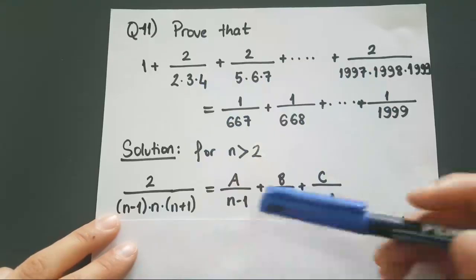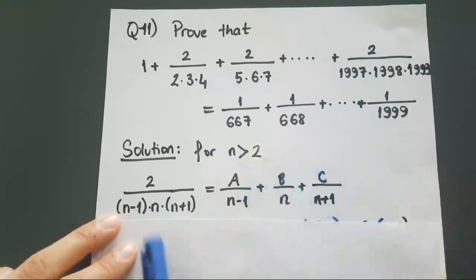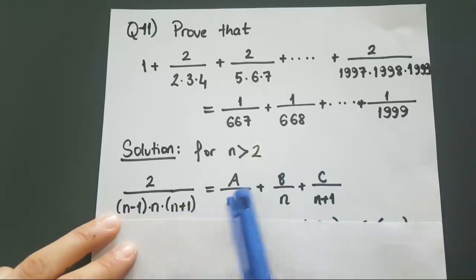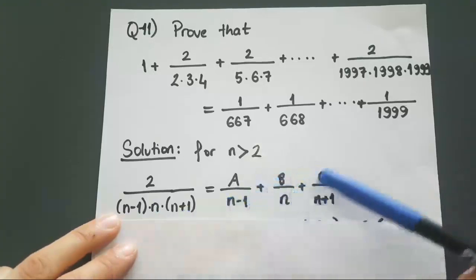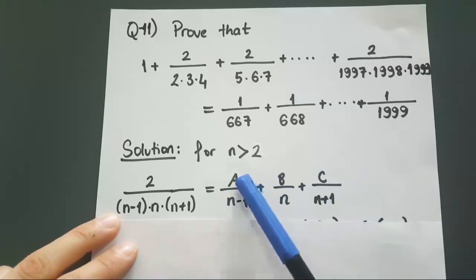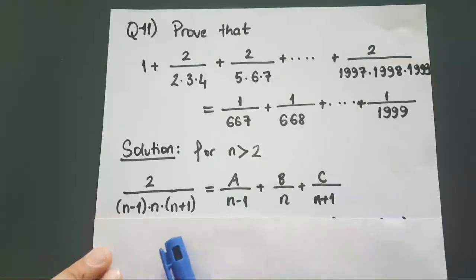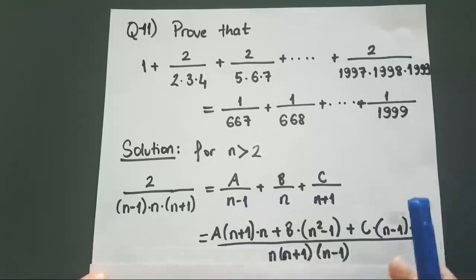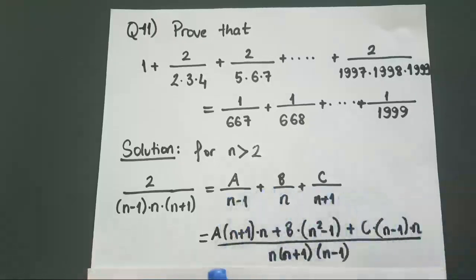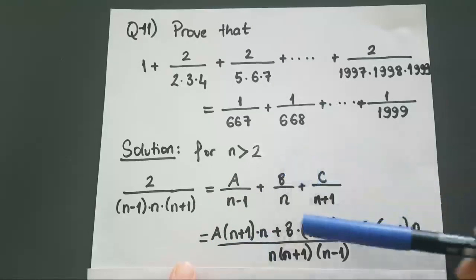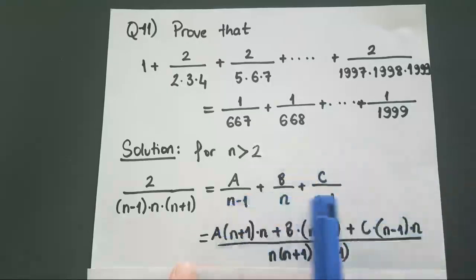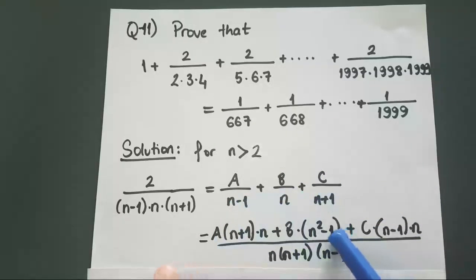I'm trying to write it as a sum of a over n − 1, b over n, and c over n + 1. How to find a, b, and c? When I have a common denominator on the right side of the equation, the first numerator is going to be a times (n + 1) times n. The second numerator is going to be b times (n − 1)(n + 1), which is n² − 1.